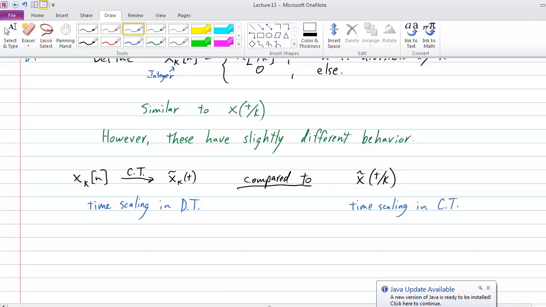And you know what I'm going to do next? I'm going to switch the order of the integral and the sum. The a_k's come out, because they're not functions of t.